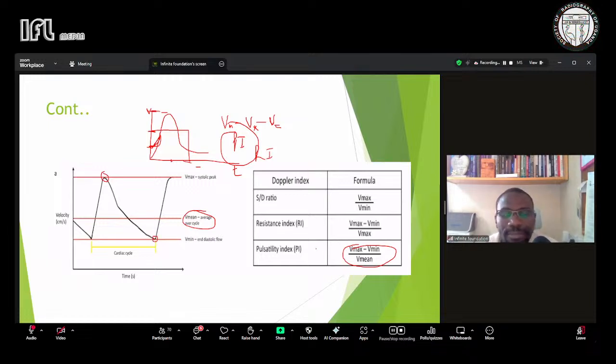So I think the pulsatility index will be more accurate. I don't know exactly which one is which, because I don't do obstetrics, but I would think so because of the parameters that have been taken care of.